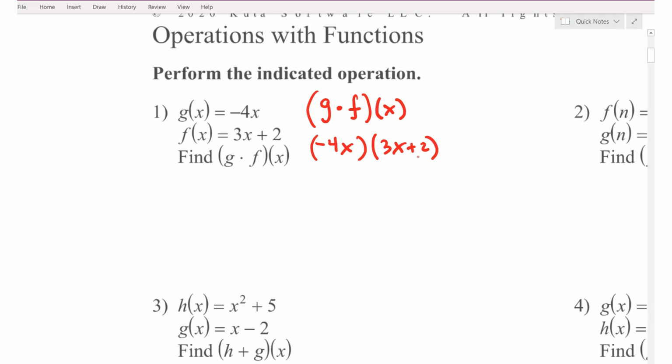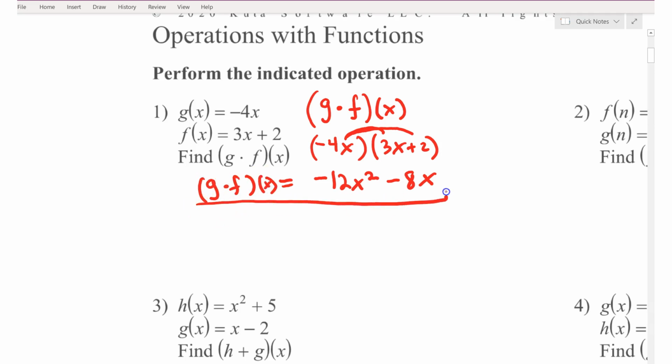It's like we're doing some polynomial operations. It's exactly the same. Negative 4X times 3X is negative 12X squared. Negative 4X times 2 gives you negative 8X. So this will be G times F of X. That's what you would see in the answer choice at the end.